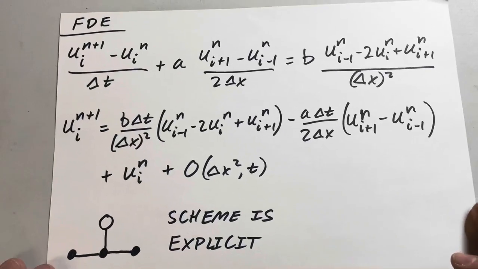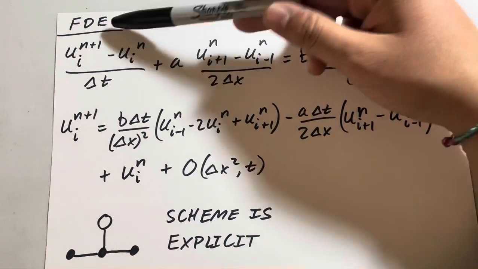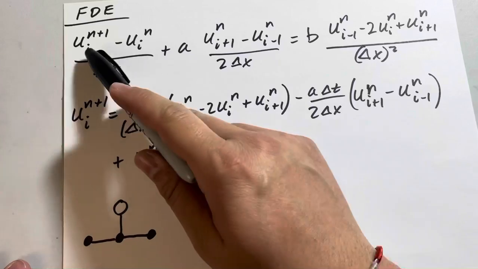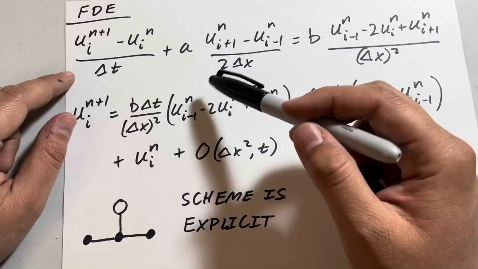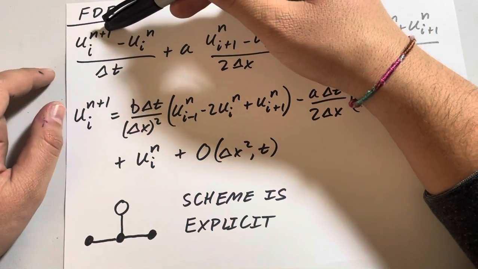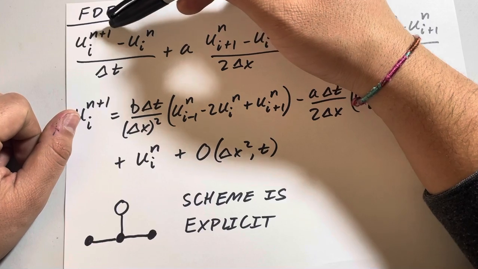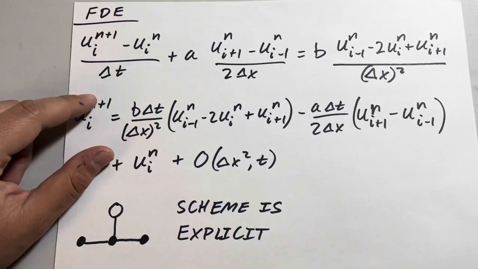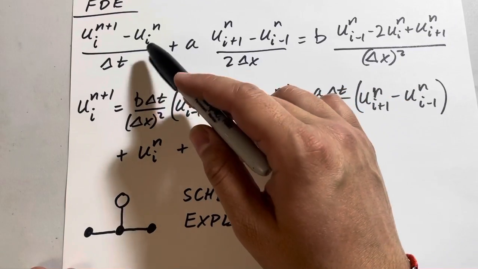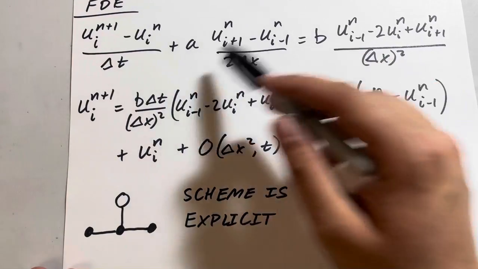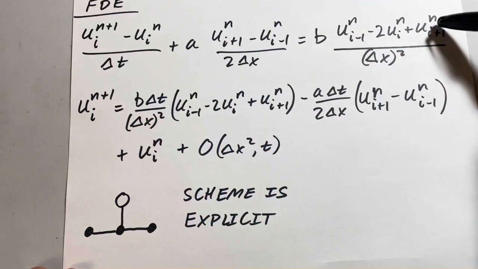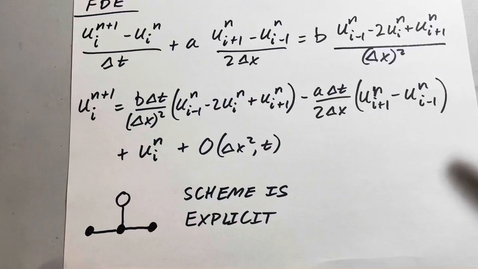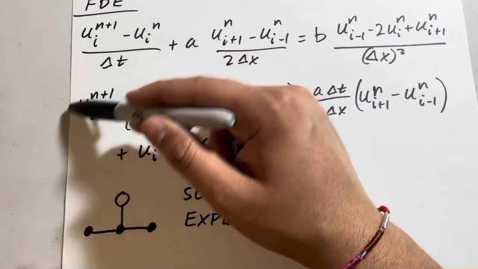Okay, and now returning to the original finite difference equation, we see that the second time step is here and everything else is on the first step. So given an initial condition, we can just plug in all of these, and this finite difference scheme will output this point.